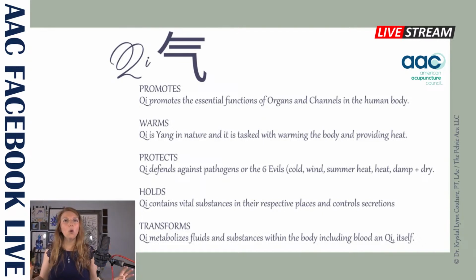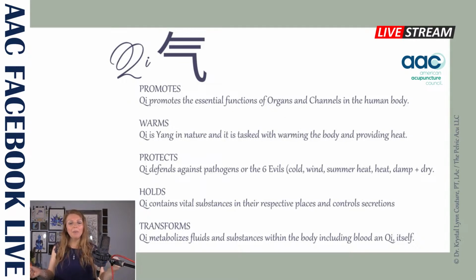Qi is going to hold and contain substances in their respective places and control secretions. We know this when we think about spleen qi deficiency becoming spleen qi sinking, right? Transformation.